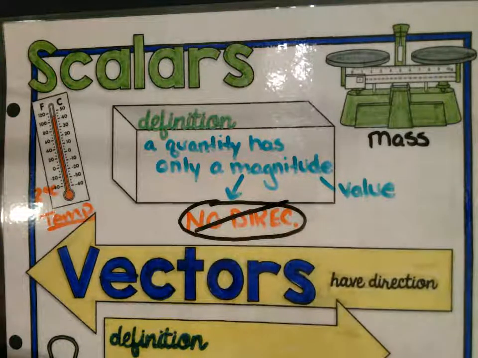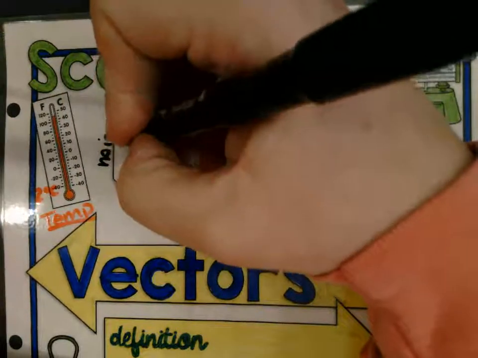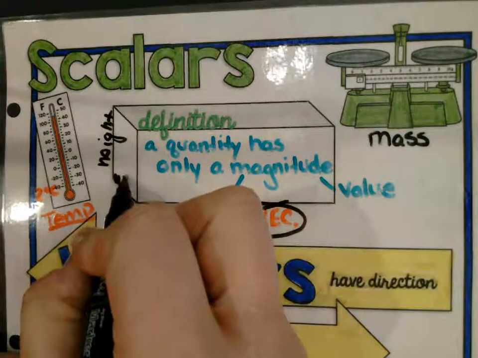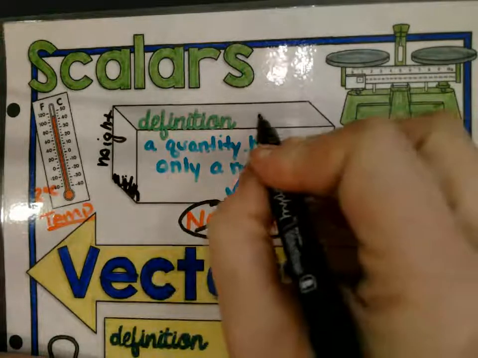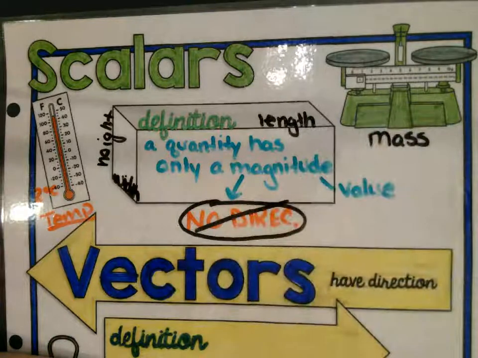Another one is volume. We spend a lot of time in physical science talking about volume. So you've got your height, right? And you've got your width. And you've got your length of your box. Volume equals length times width times height, right?